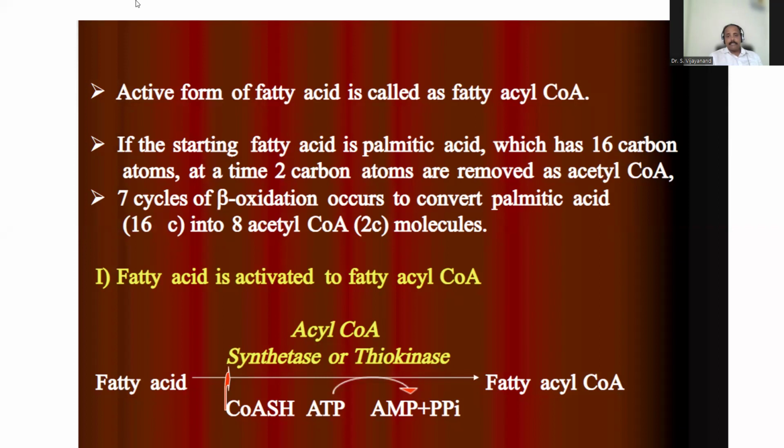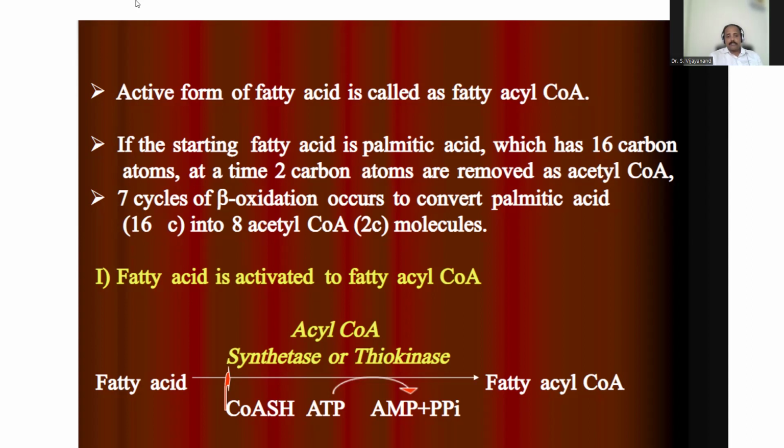Once they get activated, how are these fatty acids transported to the mitochondria, where they undergo the further oxidation process? When you talk about fatty acid activation, it takes place outside the mitochondria, that is, in the cytosol. The fatty acid is converted to fatty acyl CoA, or acyl CoA.